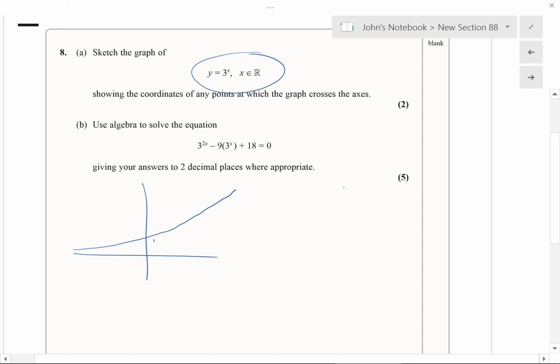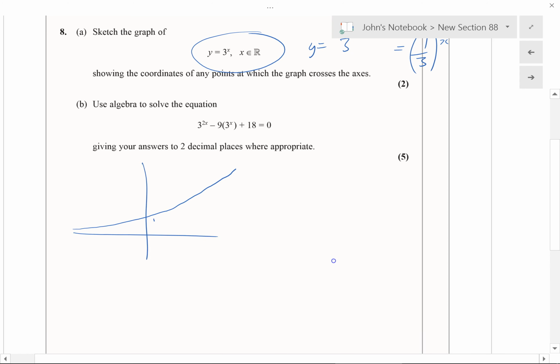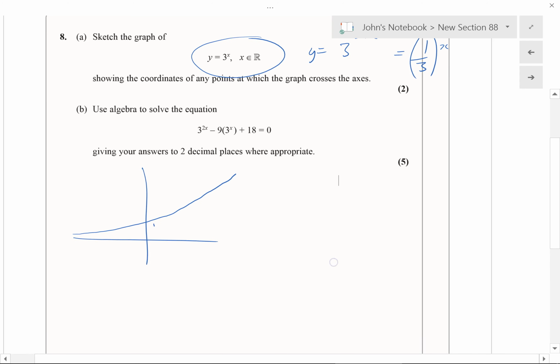If it were a 3 to the minus x, or a third to the x, which is effectively the same thing, then it would curve the other way like that, but it would still go through 1. So just know your asymptotes, and it has an asymptote and goes through 1 like that. Okay, 2 easy marks.